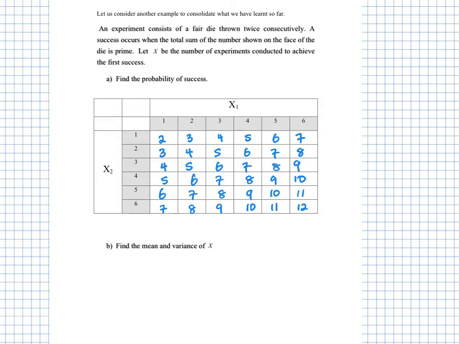Now we will look at which sums will be prime. So as you can see, 2 is prime, 3 is prime, 5 is prime, 7 is prime, and we have 11, which is also prime.